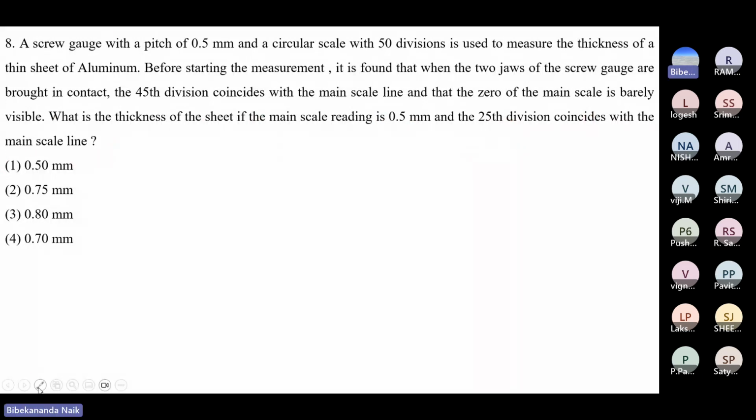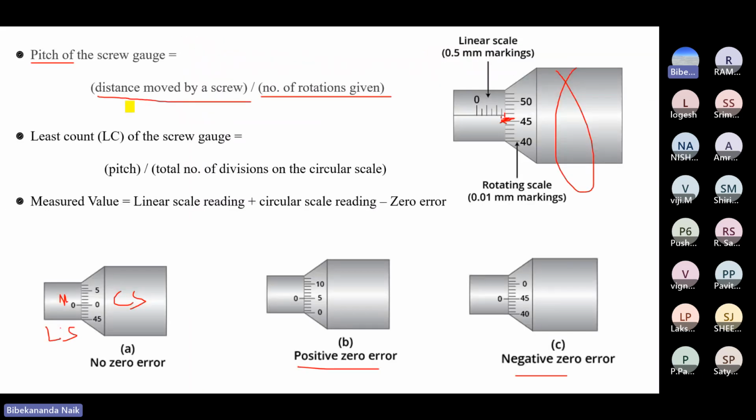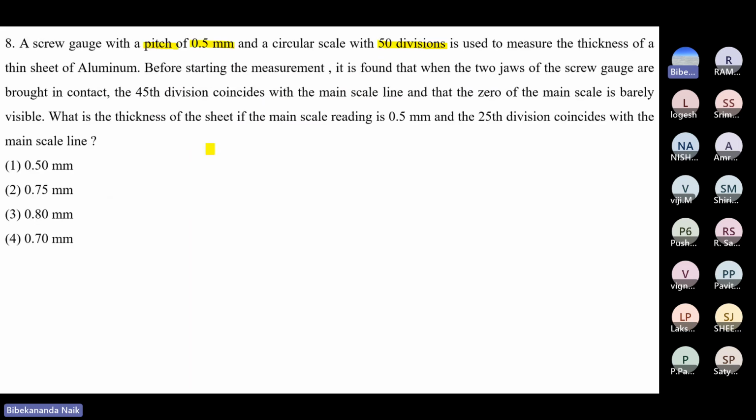Let's read it again. The pitch of the main scale is 0.5 mm and the circular scale has 50 divisions. We know the least count is the pitch divided by the number of divisions in the circular scale. It is given that the pitch is 0.5 mm and the number of divisions in the circular scale is 50.